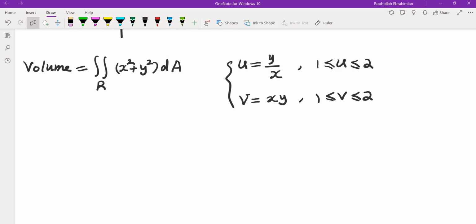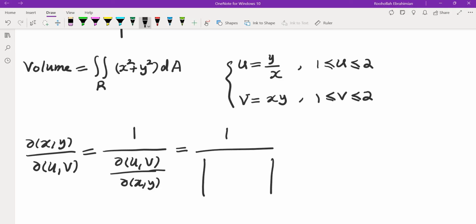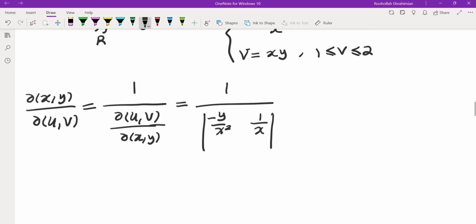Next thing we're going to do is to evaluate the Jacobian. The partial of xy with respect to uv would require us to evaluate x and y in terms of u and v and find their partials. Although, because we have u and v in terms of x and y, it is better to do the reciprocal. So we will do that. That's 1 over the determinant: partial of u with respect to x, that's minus y over x squared; partial of u with respect to y, 1 over x; partial of v with respect to x, partial of v with respect to y.